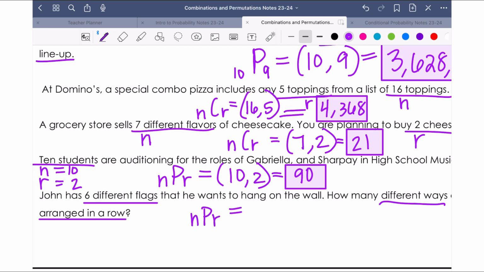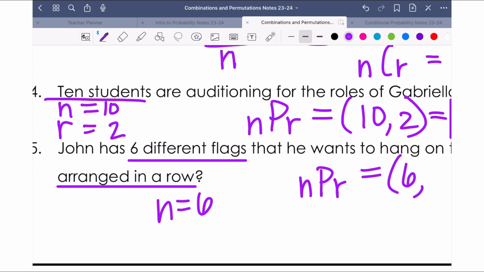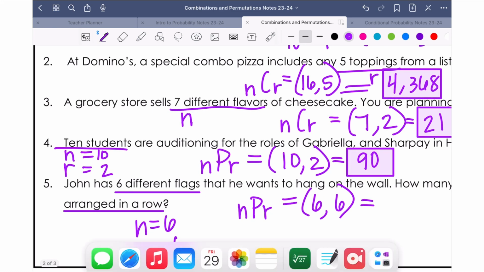How many total flags is there? He has 6. So N is 6. And how many outcomes can we have? How many do we want on the wall? Well, he wants to hang all of them on the wall, but he wants to know how many different options. So the number wanted is also 6 for both. Okay? That one's a little tricky.